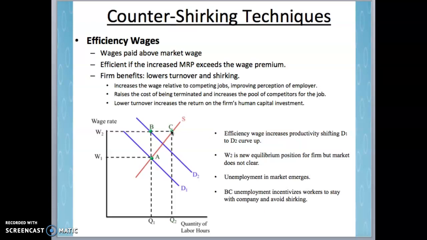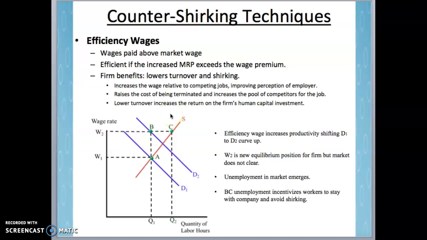This increased supply is going to make the workers that are at In-N-Out feel more dispensable because there's a line of applicants waiting to take their job. That again encourages lower turnover and less shirking. This is pretty accurate. There's usually a much greater pool of applicants for getting a job at Costco or getting a job at In-N-Out than there would be for getting a job at McDonald's or Jack in the Box.